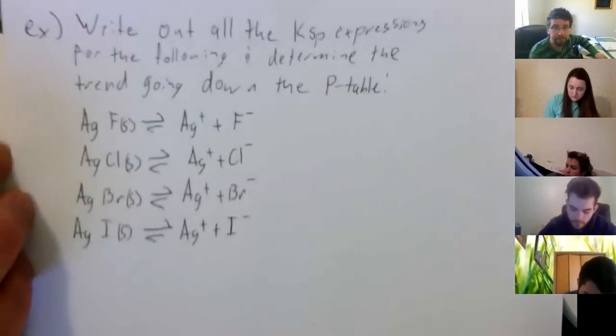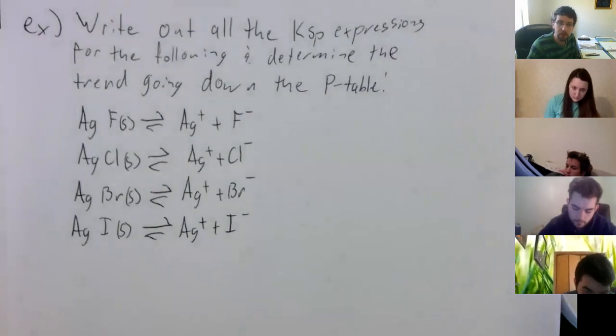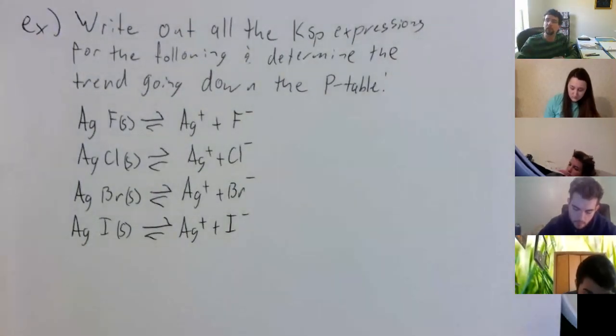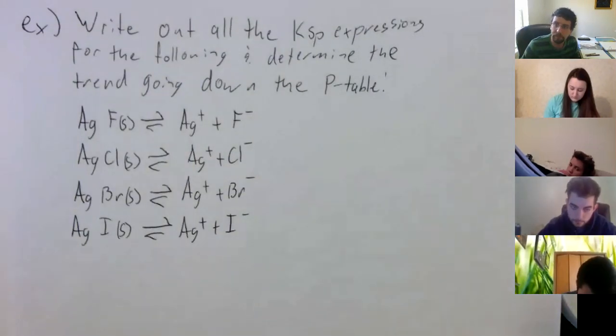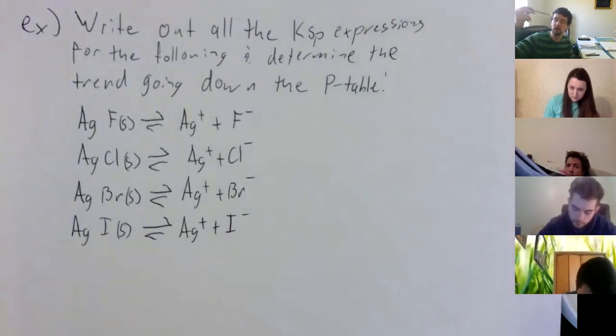So we have all of these silver salts. We're going to throw them in solution and let them reach equilibrium. I want you guys to tell me each of the KSP expressions, and then we're going to determine which one will have the highest KSP, which one will have the lowest KSP, using hard soft. Okay.